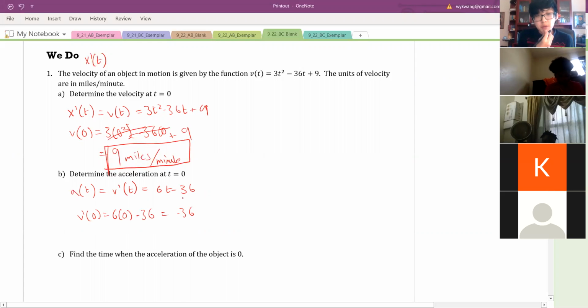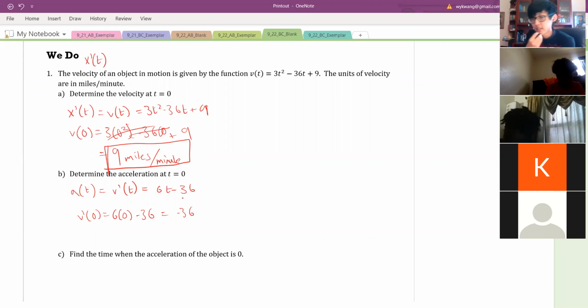Renique, would you be able to come off mute and tell us what you think the units would be for our answer? So we know for the first one it's miles per minute. Is its velocity over time? I don't know.